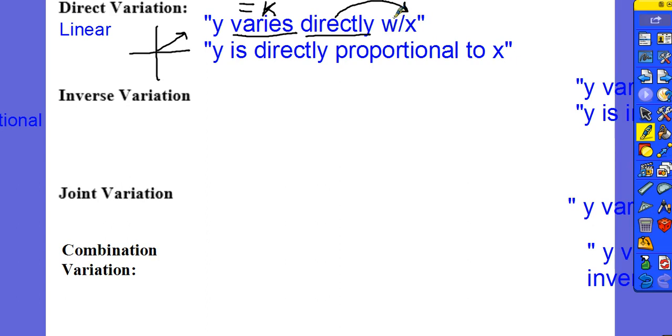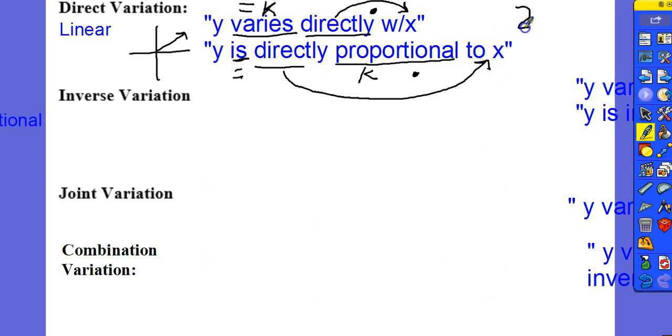So remember what I said when I told you what directly meant. It means you're going to multiply by x. Another way that this could look is this: Y is directly proportional. Well, is means equals. Proportional means that you need a k. And then there's the direct connection to x again, so you'll be multiplying times x.